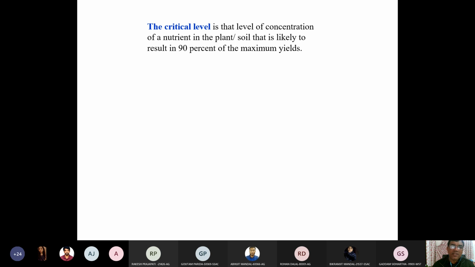And remember, this critical level of the nutrient will vary with the stage of the plant. At what stage are you sampling the plant? Number one. Number two, the species. The critical level of nitrogen deficiency for rice will be different from maize or cowpea. Similarly, it will be different at tillering, flowering, maturation or harvest stage.